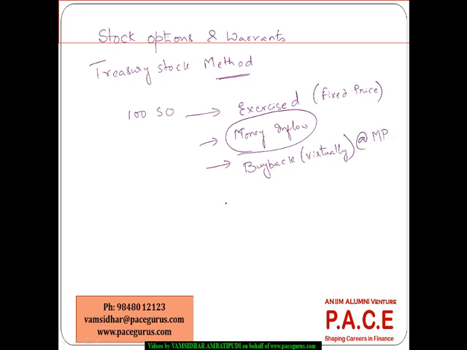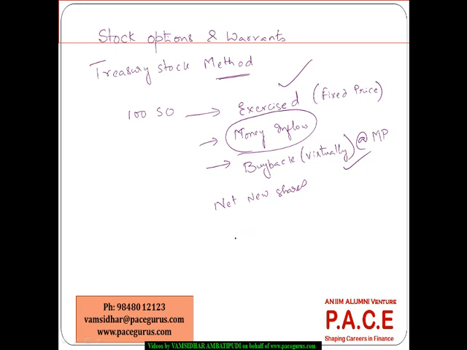Which means the net new shares will be based on how many new shares got created because of the exercise minus how many shares got bought back using the fund that has come in. That net is the result which would be added to the weighted average, especially when dealing with stock options and warrants, right?